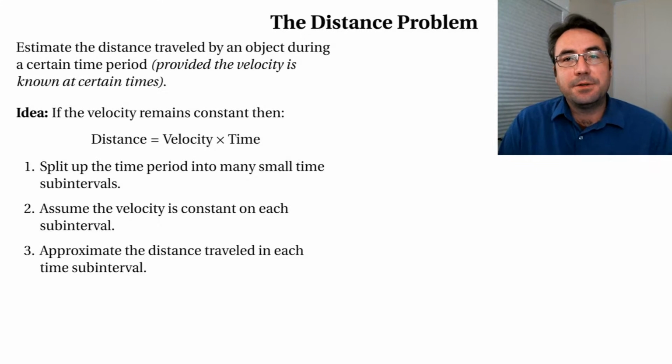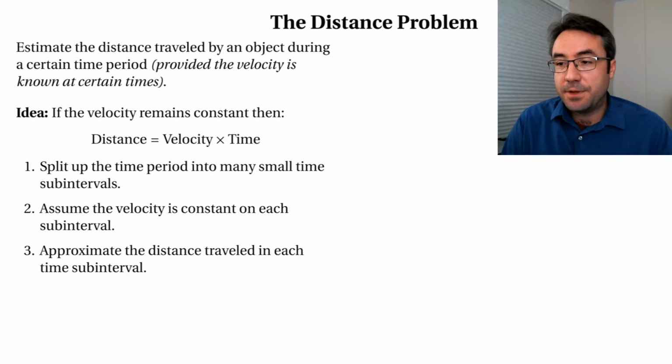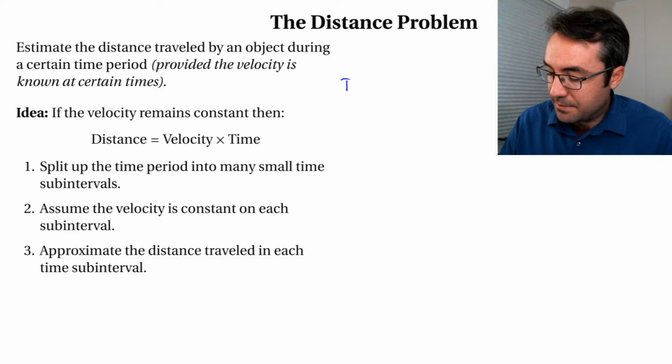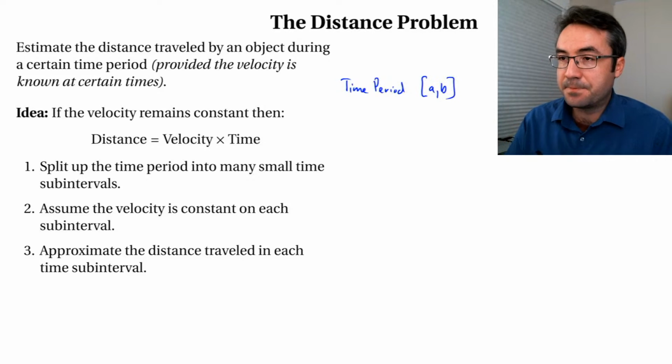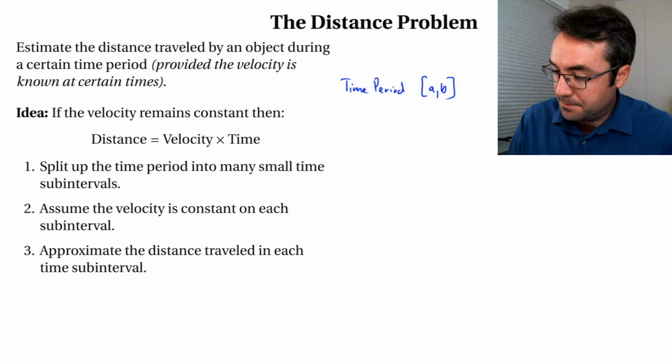So the idea for how to do this is if we know velocity is a constant, then distance is actually very easy to calculate. It's just velocity times time. So the idea is if we're interested in calculating the distance that we travel during a certain time period, so from A to B, for instance, we're going to take that time interval, and let's write it as an interval here.